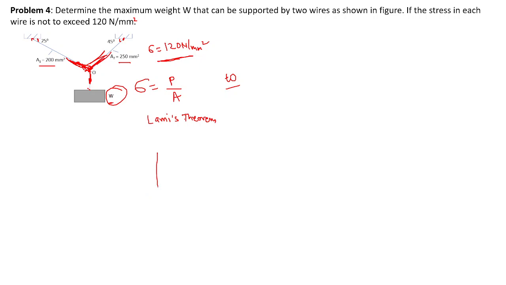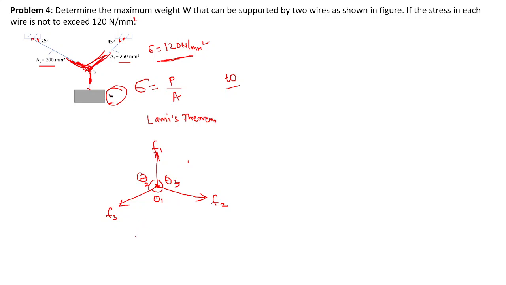When any three forces are joined at one point, we take the example of F1, F2 and F3. The opposite angle of F1 will be theta 1, F2's opposite angle will be theta 2, and F3's opposite angle will be theta 3.